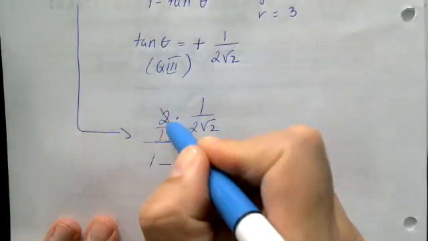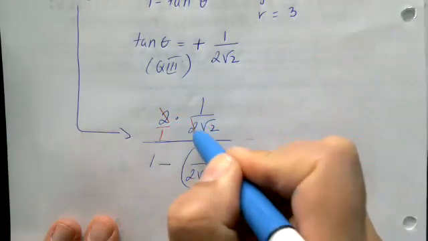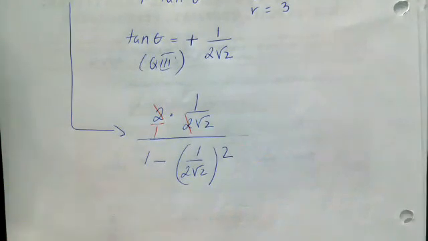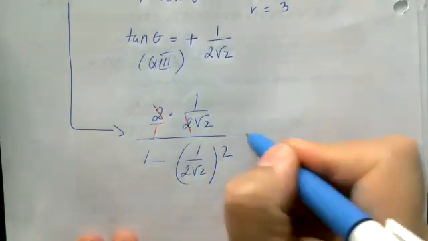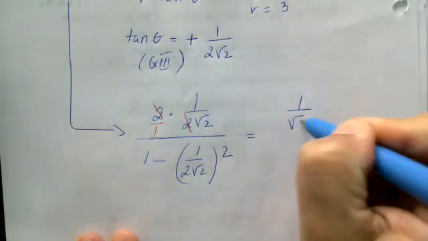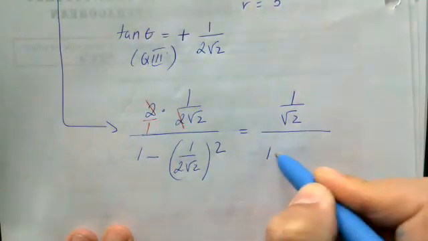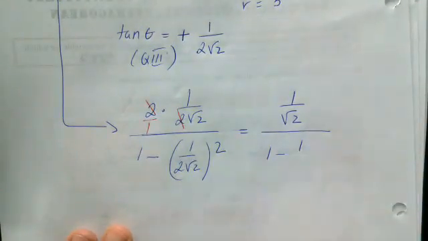So I can cancel the 2 from the top and the 2 from the bottom because it's multiplication in between them. So I'm going to be left with 1 over square root of 2 at the top of the fraction line. At the bottom, I have 1 minus something.